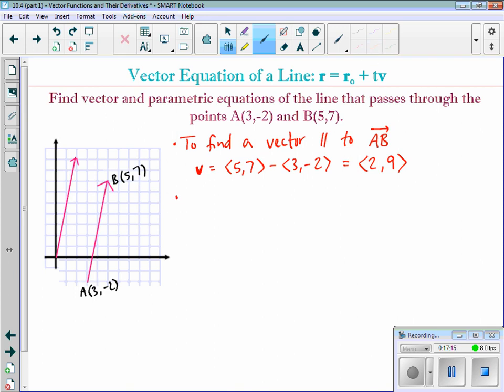Okay, then the next thing here is we can use any point on AB for our initial position, or P naught, that just means initial point.